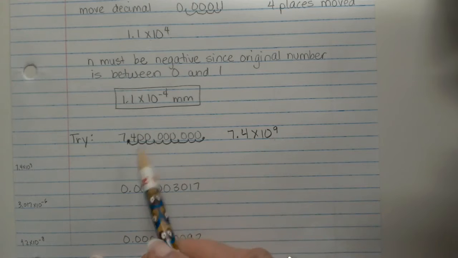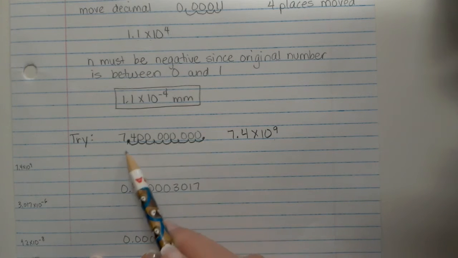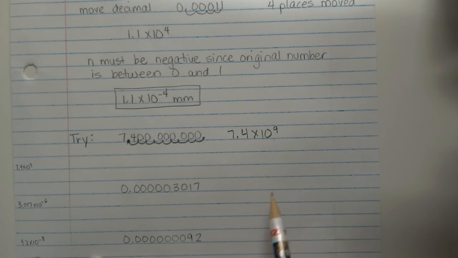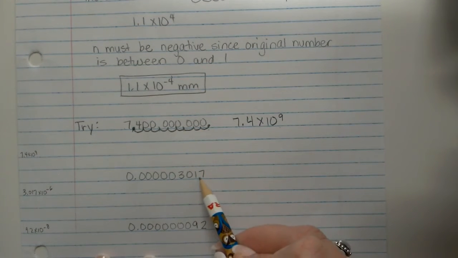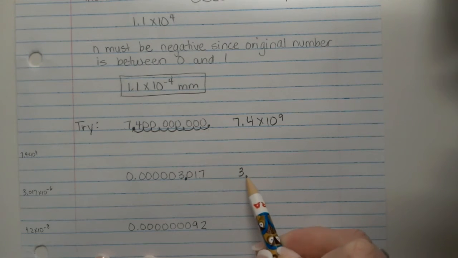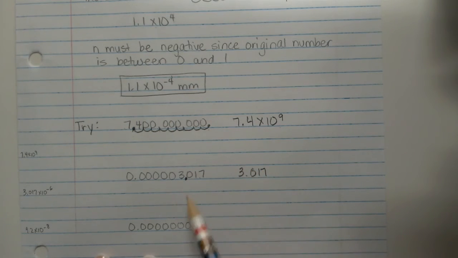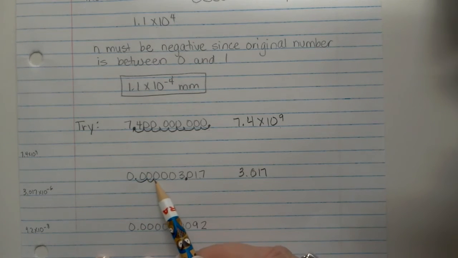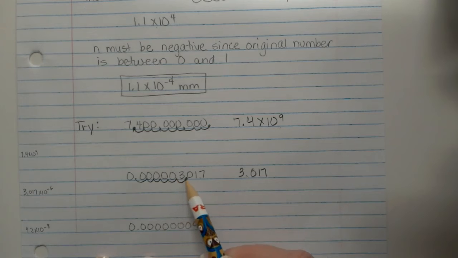Then we go back and say, is this a large number or is this a small number? It's clearly large, so we're going to keep the exponent as positive. All right, for the next one, this is the first number that we get to have, so we're going to say it's 3.017 in our final answer. So we're going to have to move the decimal 1, 2, 3, 4, 5, 6 places.